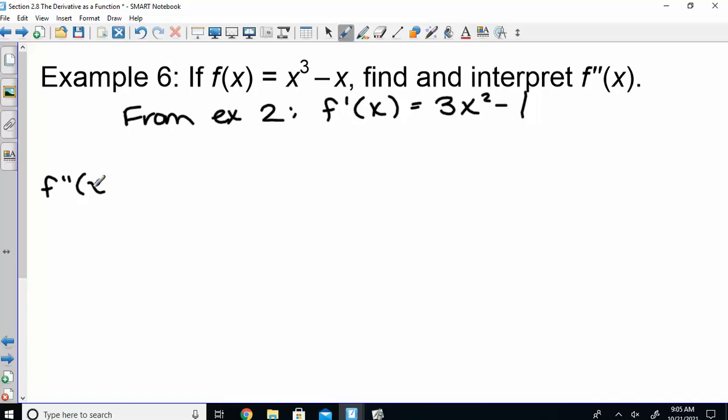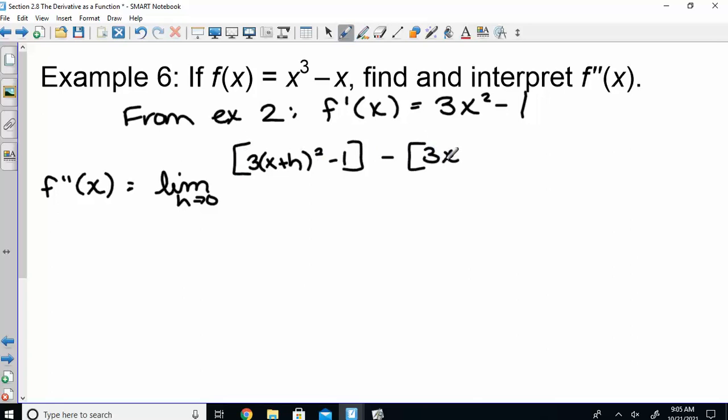So if I want the second derivative, we repeat this. We do the derivative of that first answer. So that's the limit as h approaches 0 of f of x plus h, so this is my function now, minus f of x, where we're using the first derivative for our function, divided by h.